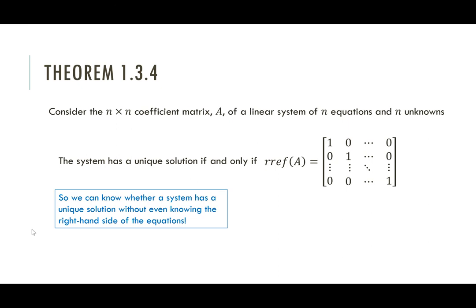And this is saying, no, you don't. So hopefully this is showing you a little bit of the power of the coefficient matrix by itself, why we're interested in that beyond just the whole augmented matrix. Yeah, so I find this somewhat surprising.